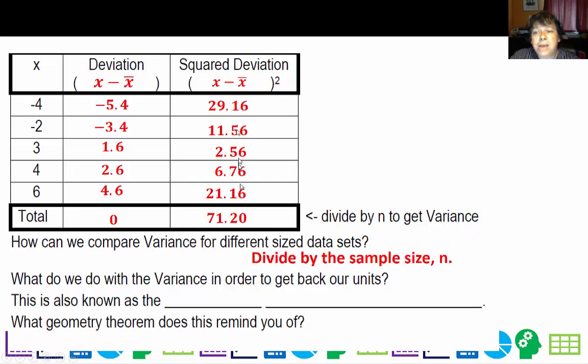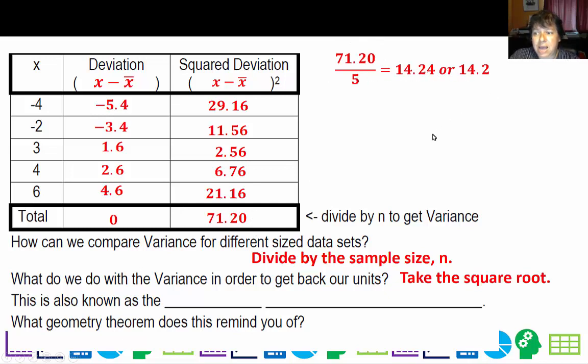We divide because if I have more points, that means I have more variance, but maybe I really don't. So we always take into account our sample size. 71.20 divided by 5 is 14.24.